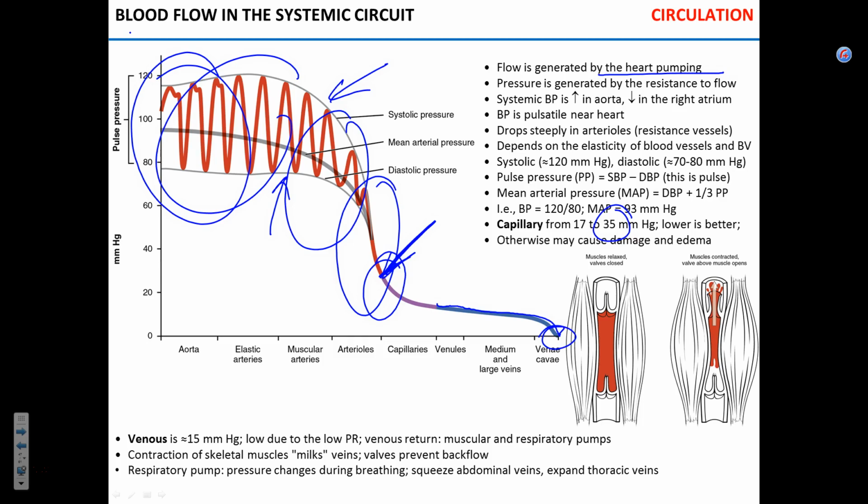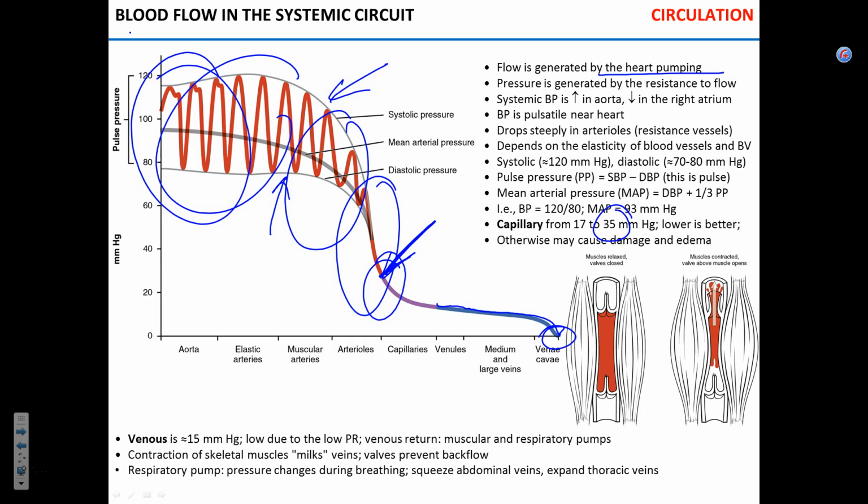Now, I want you to understand one really important and really simple thing. Blood follows the pressure gradient. Pressure is highest when the ventricle pushes the blood into the aorta. Does that make sense?